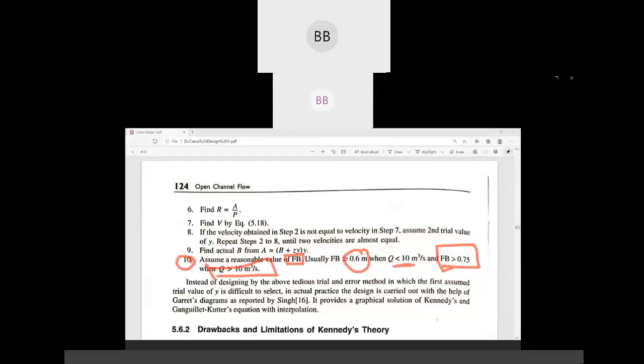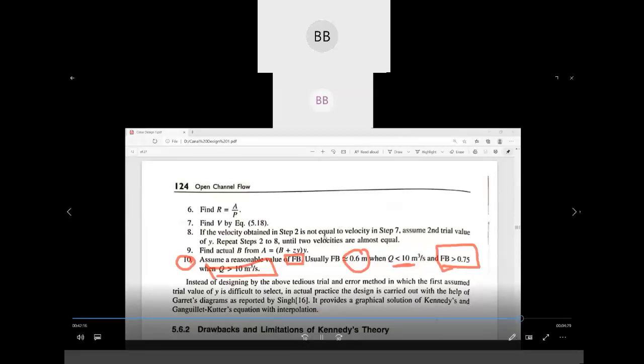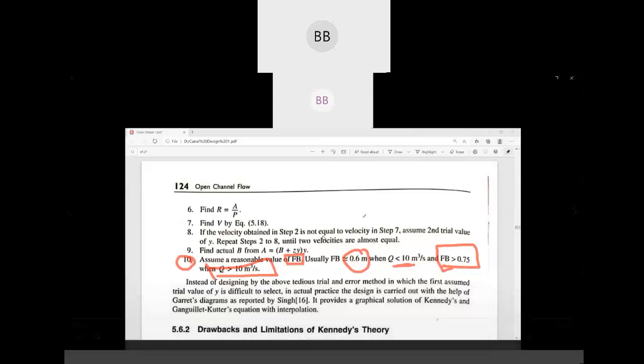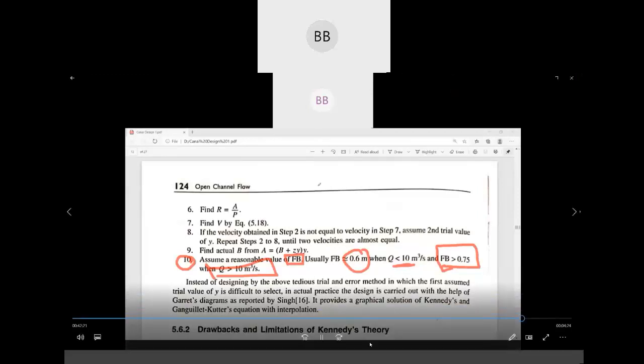So this is Kennedy's theory to design a mobile boundary channel, or you can say an erodible channel. If you have any doubts, you can ask me, or we can move on to a numerical related to this.